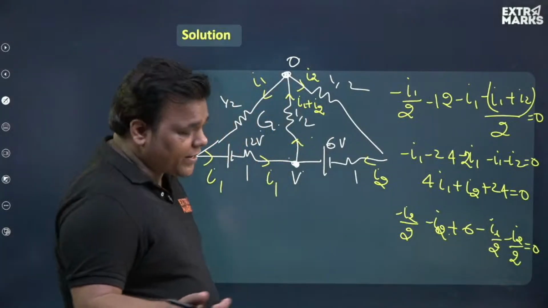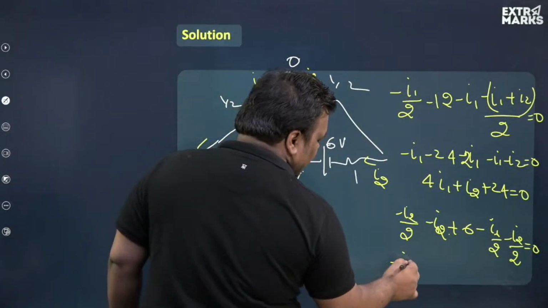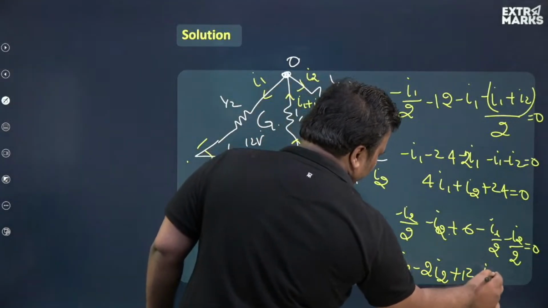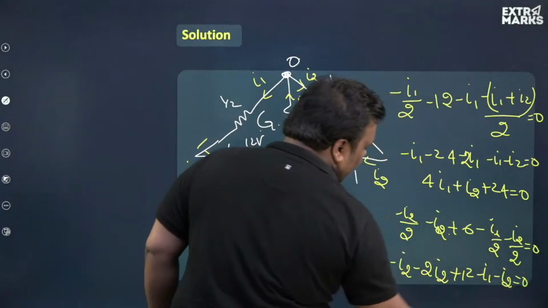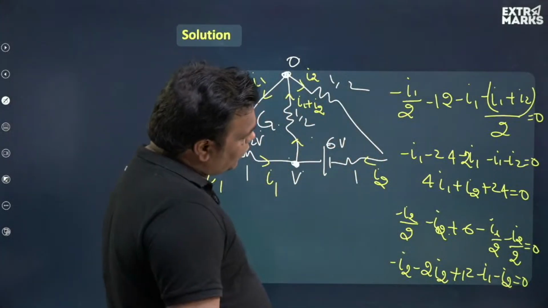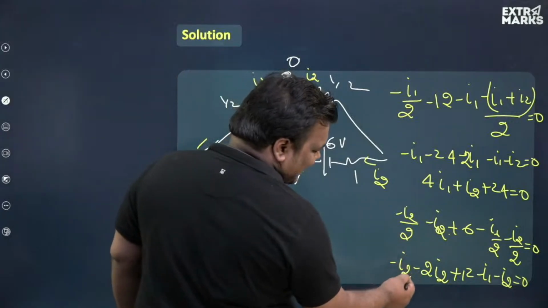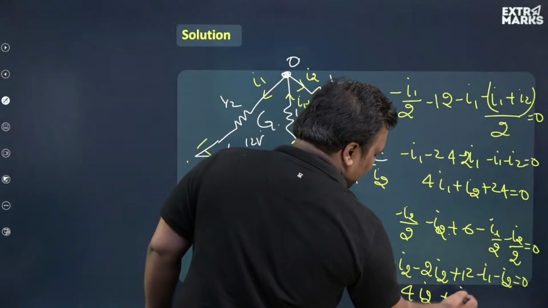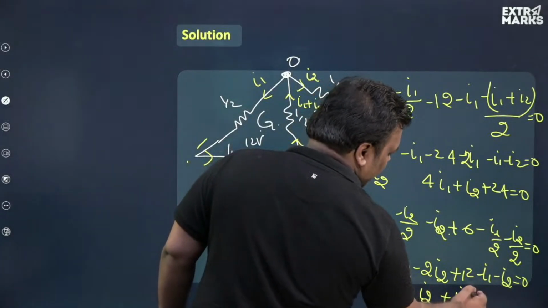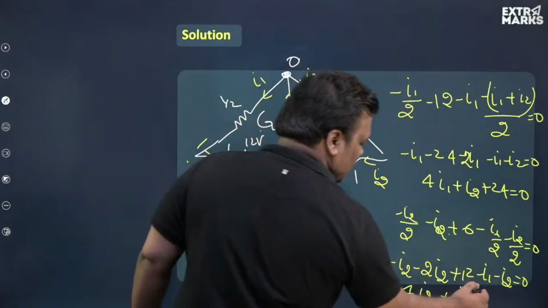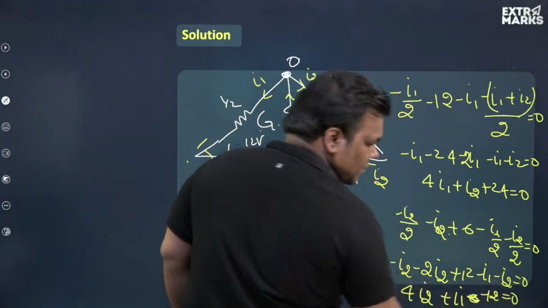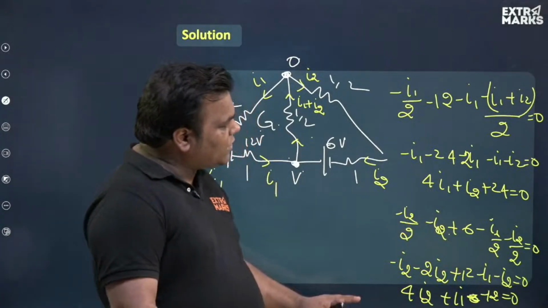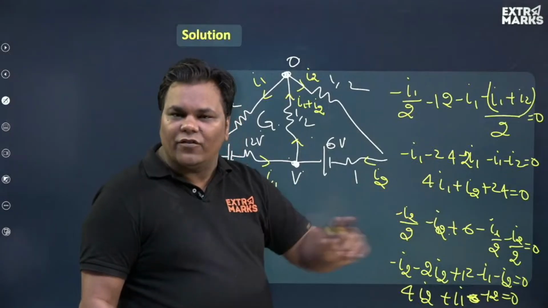Again, the same method, it will be minus I2 minus 2I2 plus 12 minus I1 minus I2 is equal to 0. So my final answer will be 4I2 plus I1 minus 12 is equal to 0. And 4I1 plus I2 plus 24 is equal to 0.